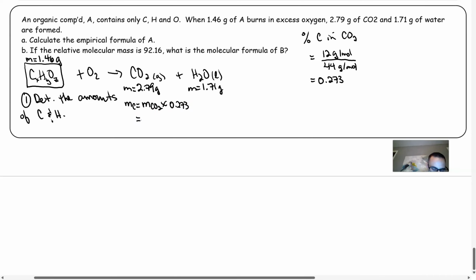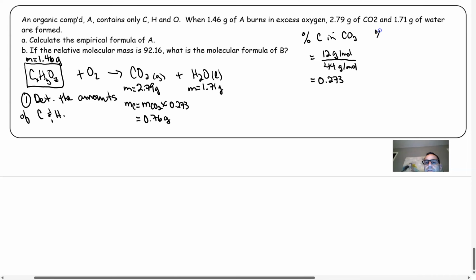So 2.79 times 0.273 gives us 0.762 grams. Now I've gone to 3 decimal places here. That's actually one too many because we only measured to 2 decimal places, so 0.76 grams.